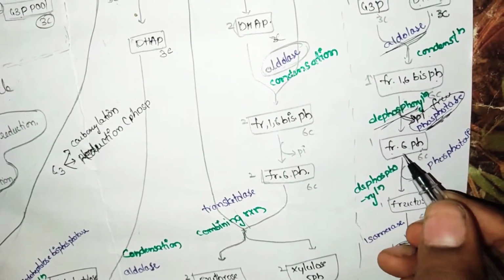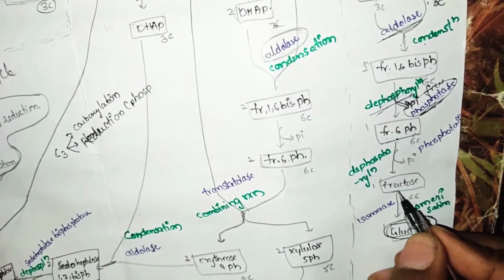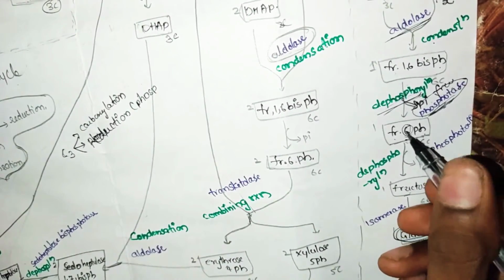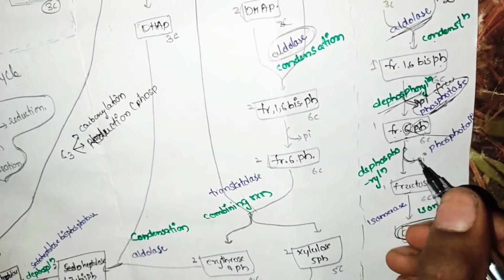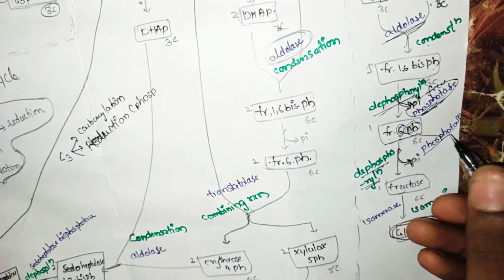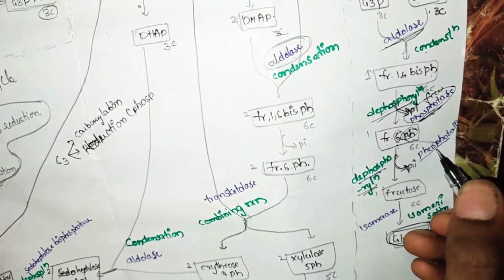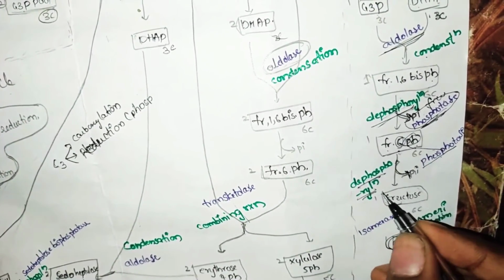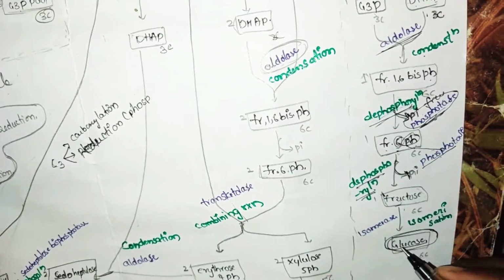Next, fructose 6-phosphate is converted into fructose. Here again the phosphate is removed, so it is a dephosphorylation. Wherever dephosphorylation occurs, there is a phosphatase enzyme. We got the fructose, and this fructose is converted into glucose.